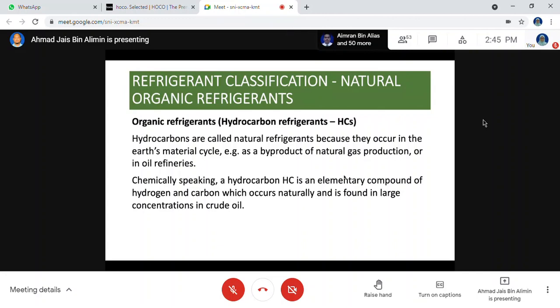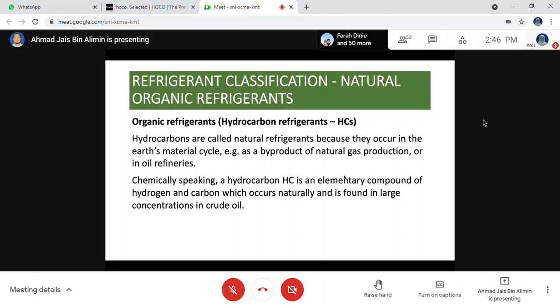So the organic refrigerants, okay, based on the hydrocarbon compound, are what we call HC refrigerants. We call this a natural refrigerant because they occur in the Earth's material cycle. So once you are dealing with or manipulating the hydrocarbon compounds, maybe through natural gas production or through the oil refineries, you can obtain this hydrocarbon-based refrigerant.